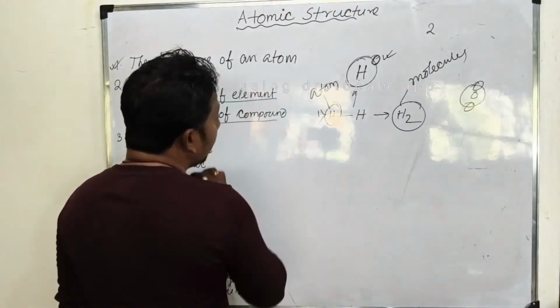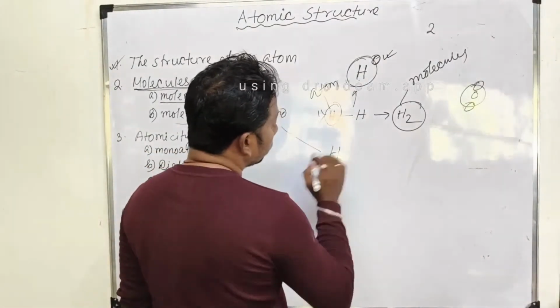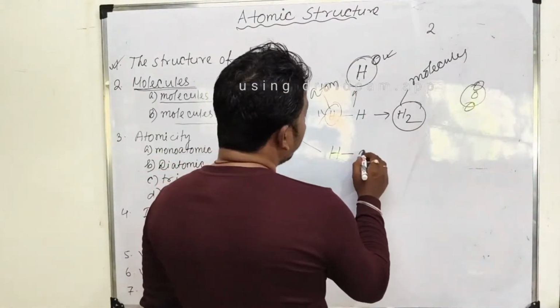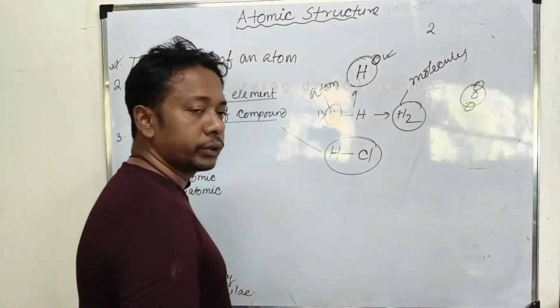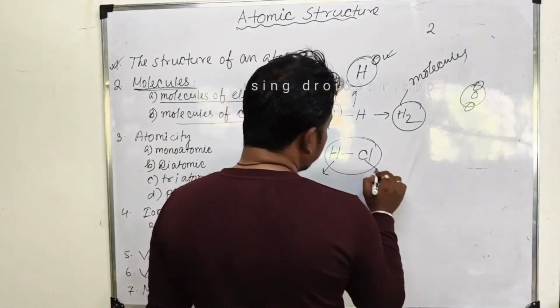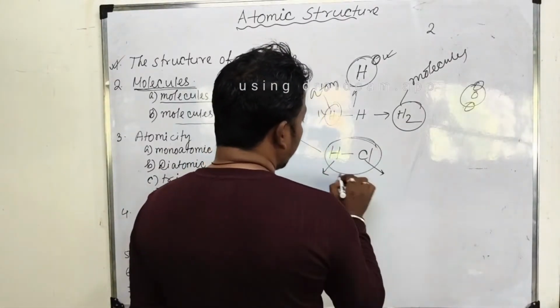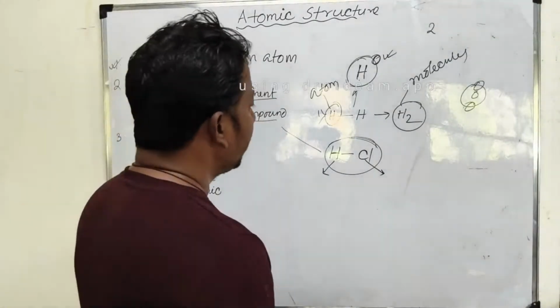What about molecules of a compound? If one atom combines with another atom, it forms a molecule. Hydrogen is one kind of atom, chlorine is another kind of atom. Both form a molecule. Clear?